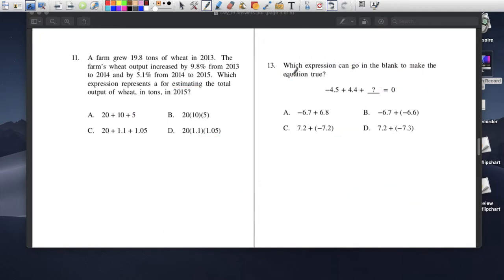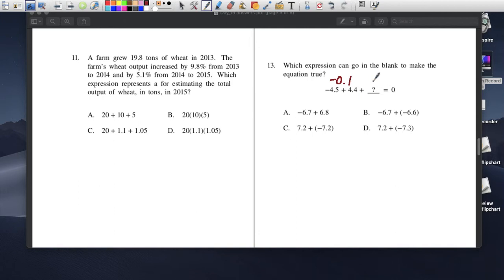Which expression can go in the blank to make the equation true? So we have negative 4.5 plus 4.4 plus something equals 0. So here's the thing though. You put in your calculator negative 4.5 plus 4.4 right now. Negative 4.5 plus 4.4 equals negative 0.1.